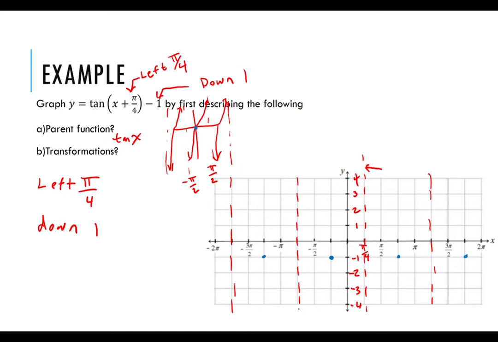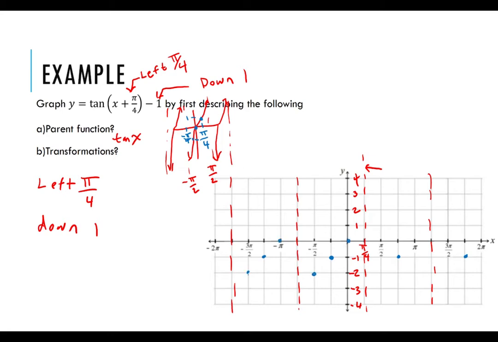Alright, then what happens? Well then, if this is 1 and this is pi fourths, we would have had that point 1 there, and if this is negative pi fourths, we would have had this point here at negative 1. But those got shifted left pi fourths and down 1, so now they're going to be here and here.